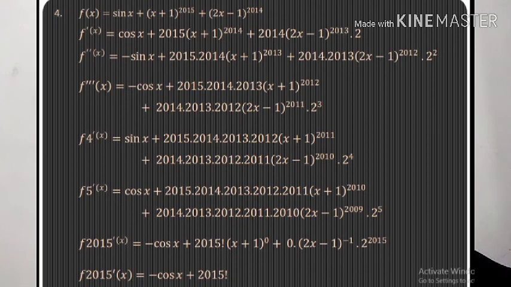So we can conclude that the 2015th derivative of sine x is equal to negative cosine x. Why? Because it repeats every 4 times.